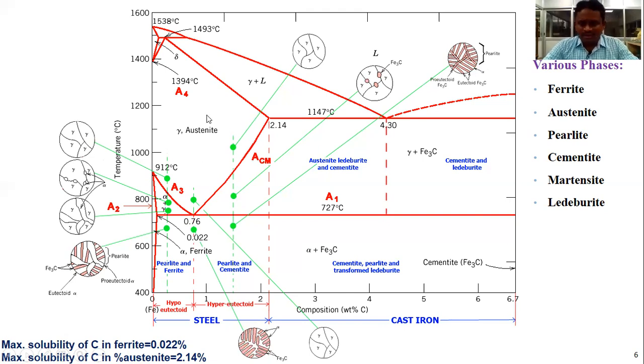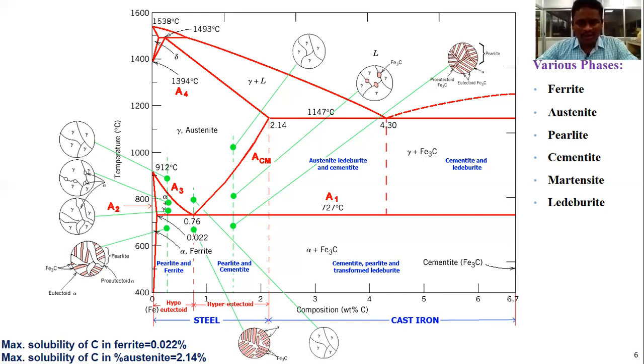Since it also consists of a very limited amount of carbon, it is also a ductile material with a high toughness value. And this austenite is not present at room temperature, but we can bring this austenite to room temperature by adding certain alloying elements such as chromium, manganese, and nickel. And also by applying rapid cooling to this austenite, we can see this austenite phase at room temperature.